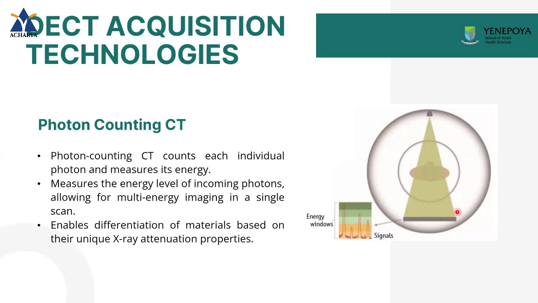Unlike a conventional CT, which integrates X-ray intensity and forms the image based on that intensity, in photon counting CT each individual photon is counted and its energy is measured. This technology offers very high spatial resolution. It also gives you improved contrast and material differentiation when you compare it with conventional CT.